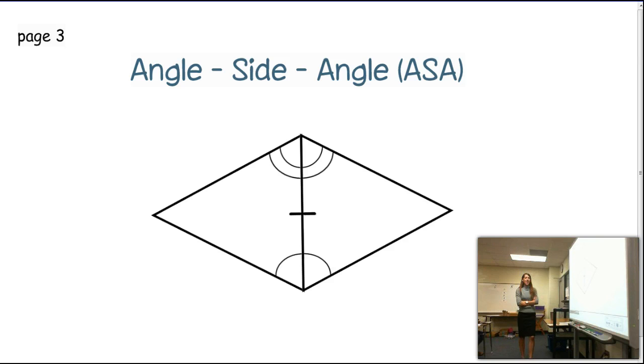Angle, side, angle. This one has a shared side. Angle, side, angle. So that's what it looks like when 2 triangles are guilty of being congruent by angle, side, angle. Looks like a spaceship. I always give you one example when they're separate and one example when they're connected.